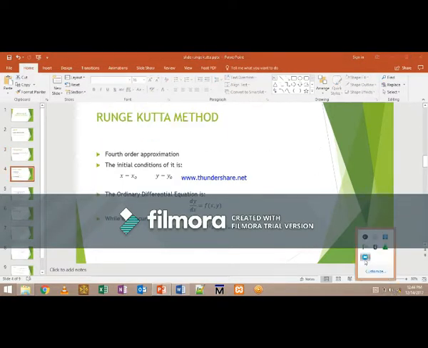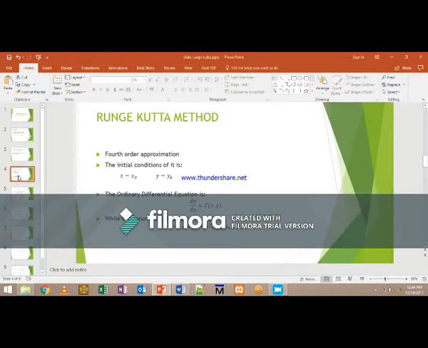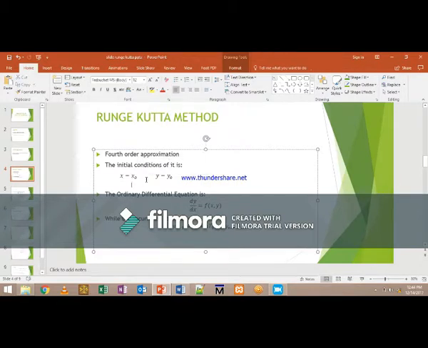Now I would like to introduce to you the Runge-Kutta method. It is a fourth-order approximation. The initial conditions of it are x equal to x0 and y equals to y0.